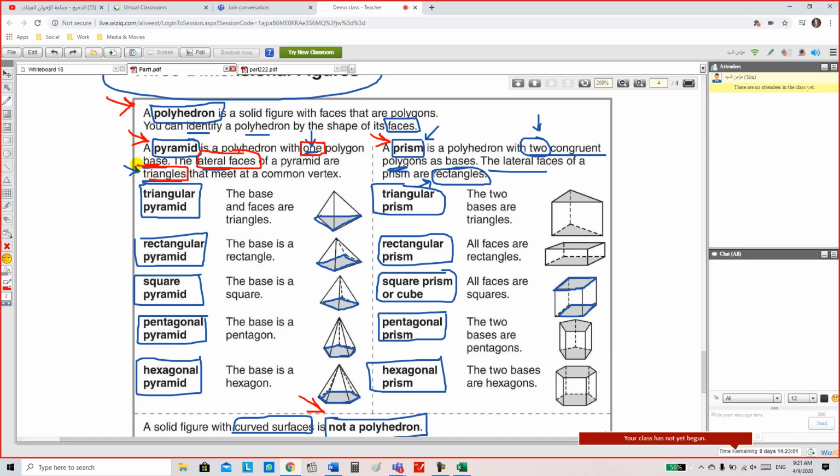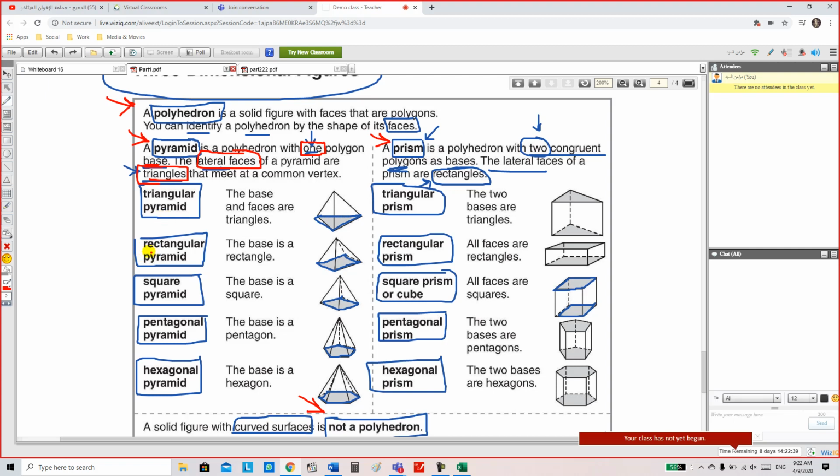triangles. As we see here, the first one is triangular pyramid because the base is in the shape of a triangle and we have one base, so we can say that it's a pyramid.